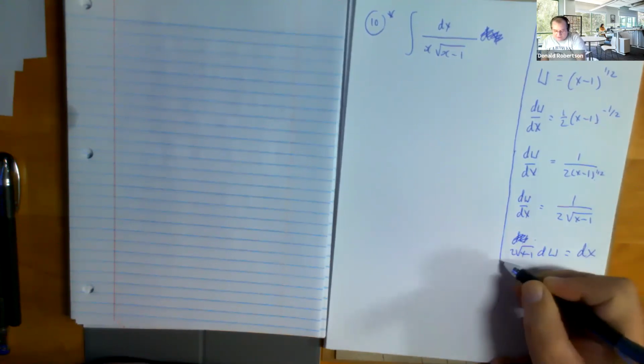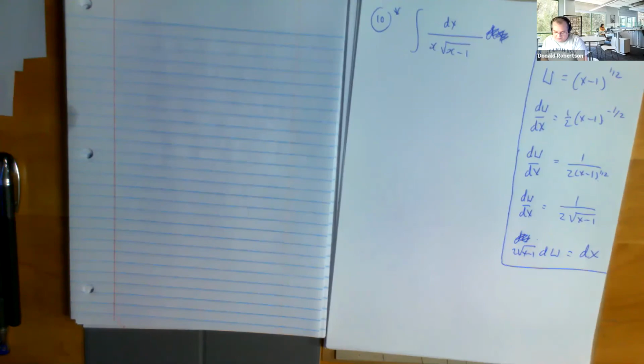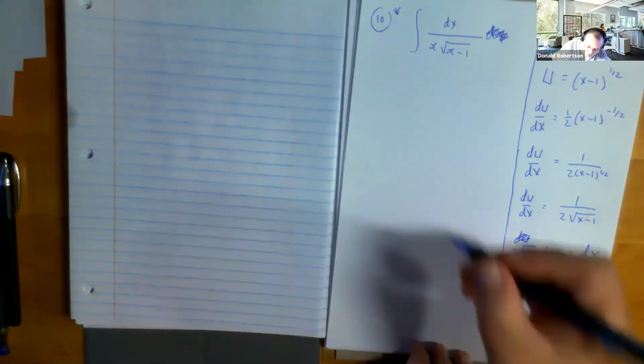Do you see the isolated dx is this? So let's see what this looks like. dx is 2 square root of x minus 1 du, and over an x, the square root of x minus 1. And we are left with 2 over x du.